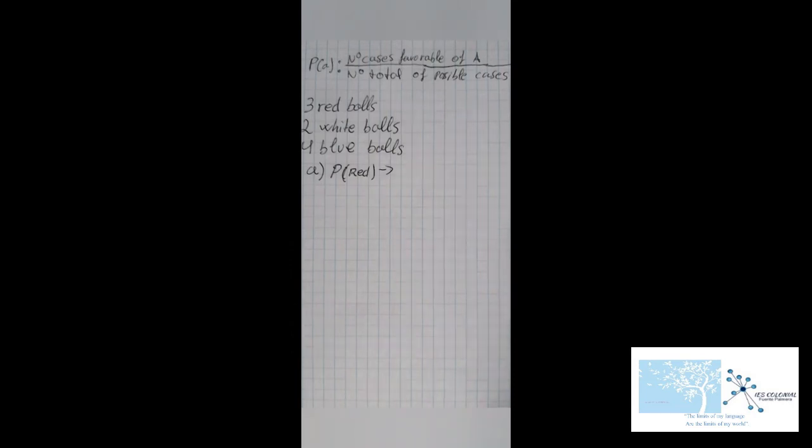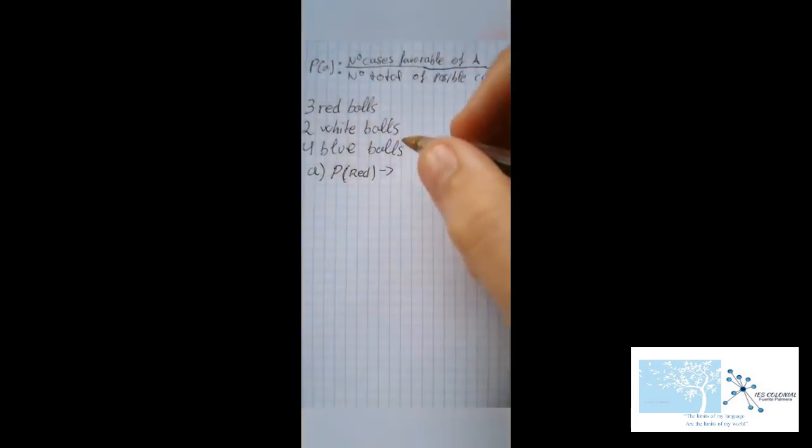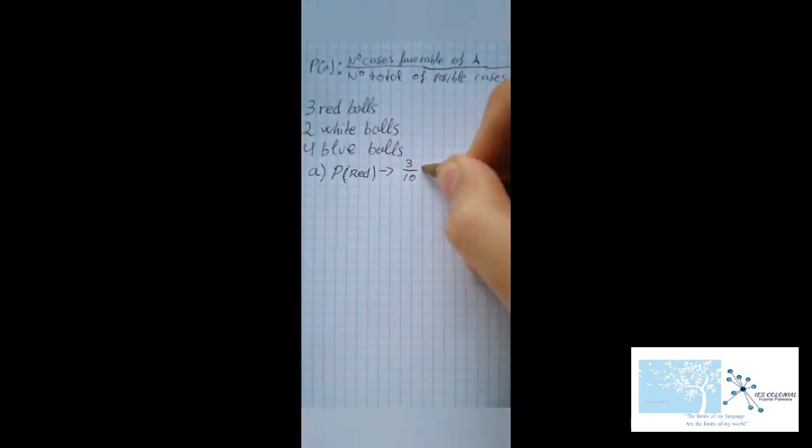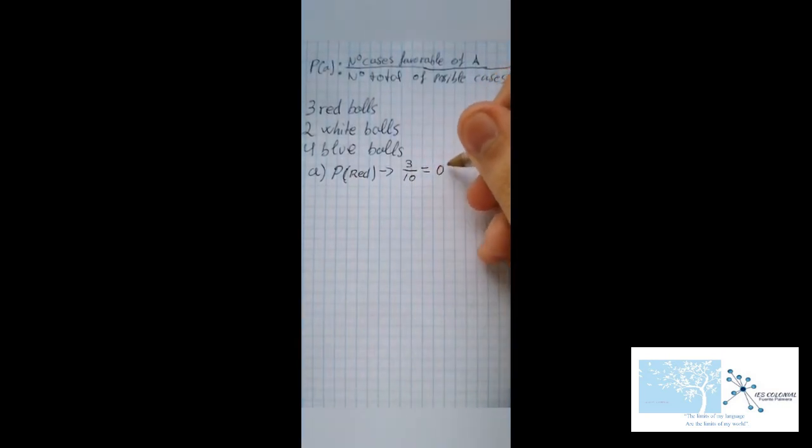Let's apply Laplace's law. The probability of the ball coming out red is 3 divided by 10 equal 0.3.